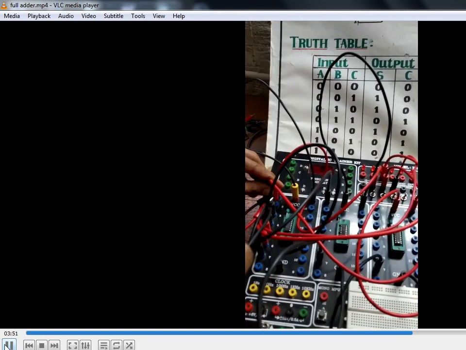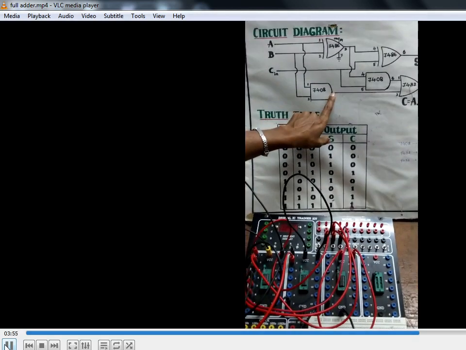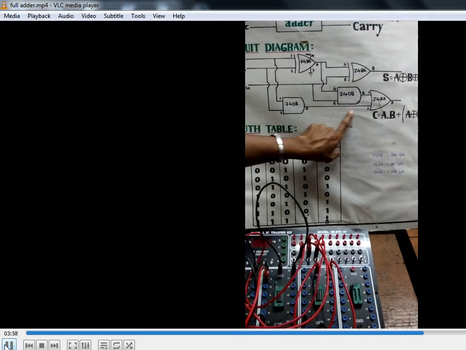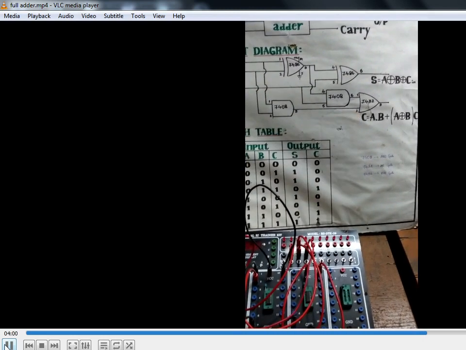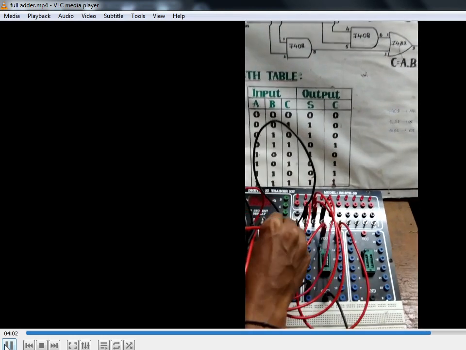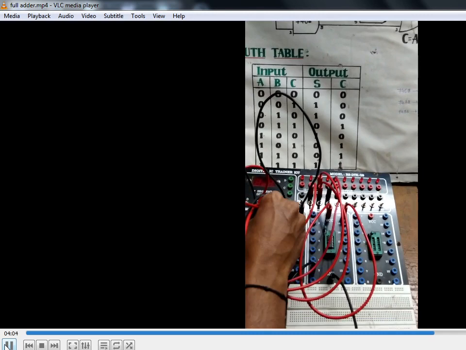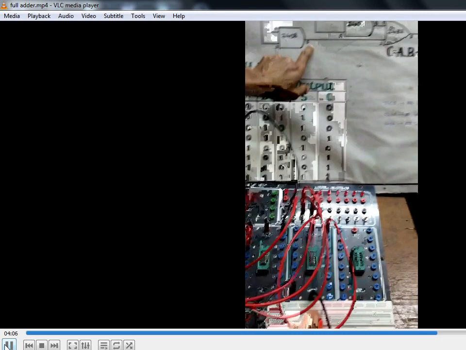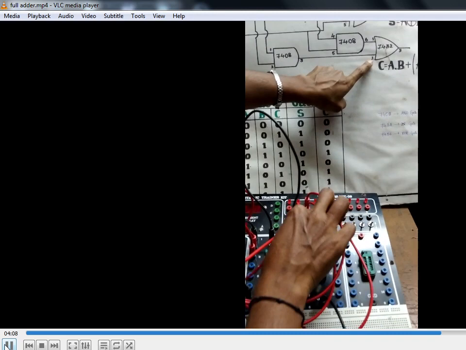This is connected to the second input of the AND gate. Pin number 3 of AND gate is connected to pin number 2 of OR gate. This is the output terminal of the AND gate, connected to the second input of the OR gate.